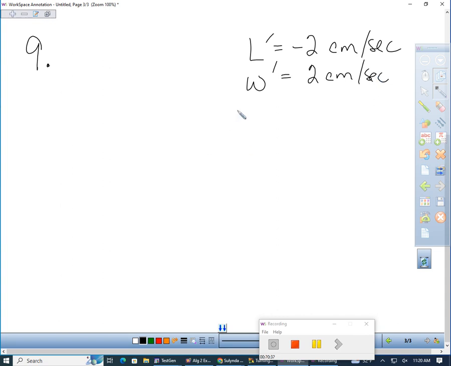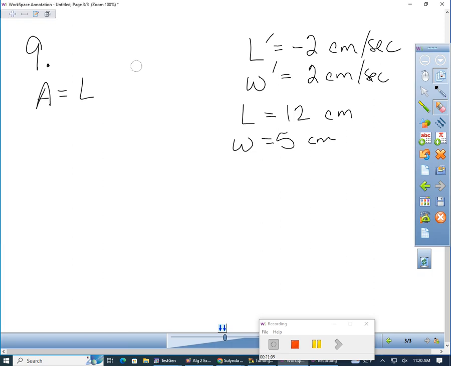And then it tells you when L equals 12 and W equals 5, well, these are both centimeters, find the rates of change of first the area. So first we're going to do the area. Yep, so A equals, and technically area is length times width, right?